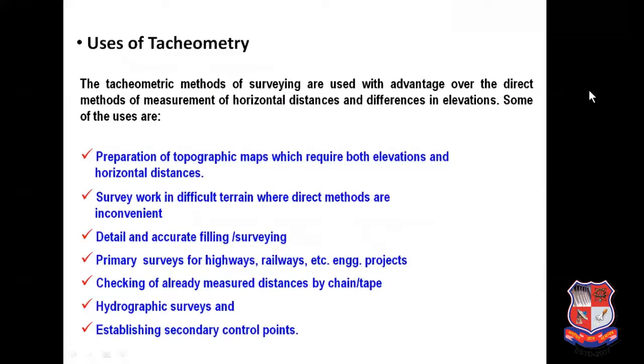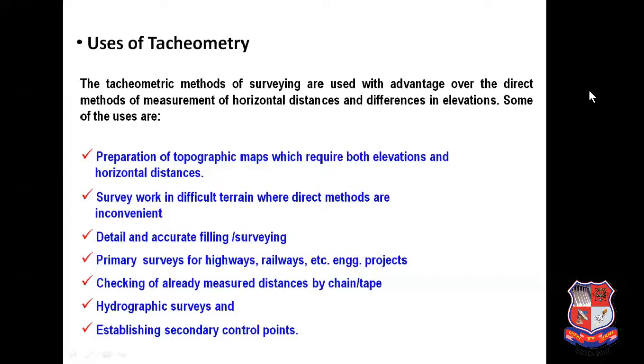Now, what are the various uses of tachyometric surveying? First one, we can prepare the topographical maps, which requires both elevations and horizontal distance. Second, surveying work in difficult terrain, where direct methods of surveying like chain surveying or tape surveying is not convenient, it's not feasible.